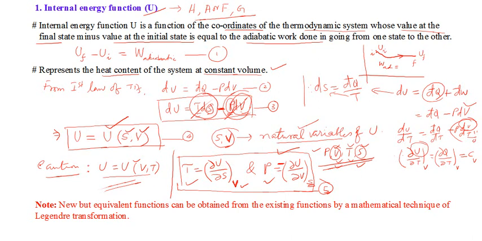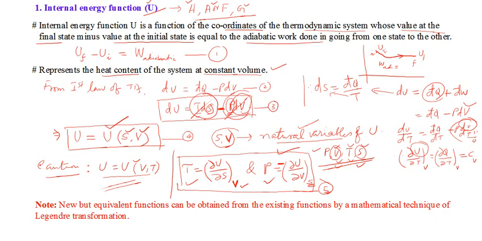Whatever information is hidden in U will be hidden in H also. That will be available in A also. That will be available in G also. Means you will have information regarding the system hidden in all these functions. But one function will be suitable for one context or situation, and another function will be more convenient for dealing with another situation or another set of constraints.